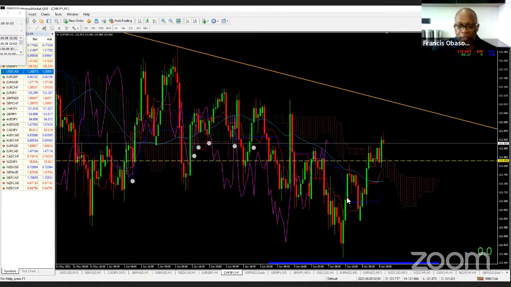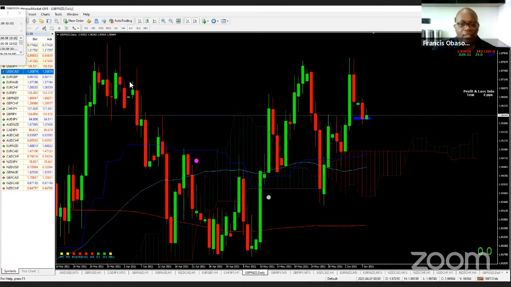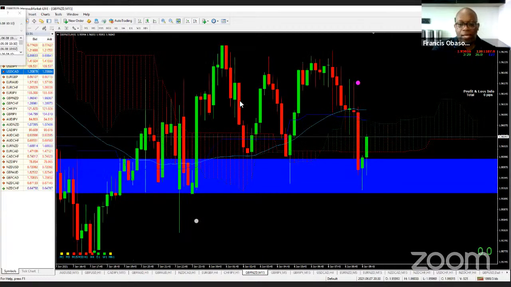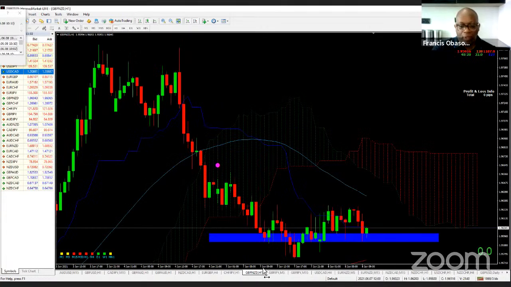We're watching CHF JPY and pound New Zealand dollar, those 3 pairs. So I believe we'll be getting some trades off those today. You just have to wait for the market to line up and then you jump in.